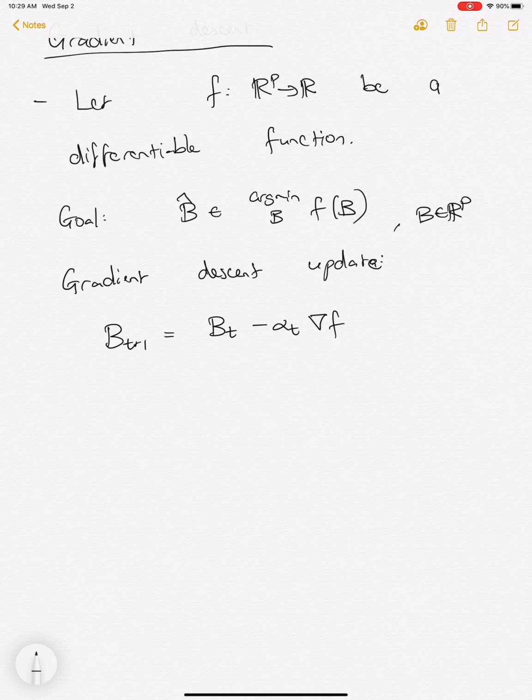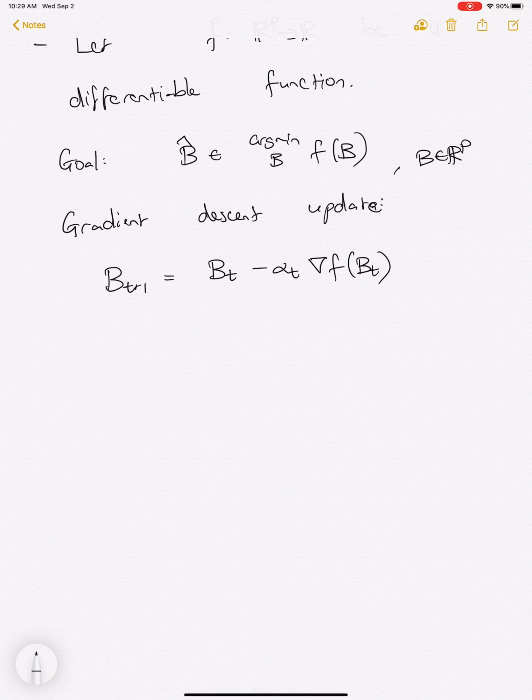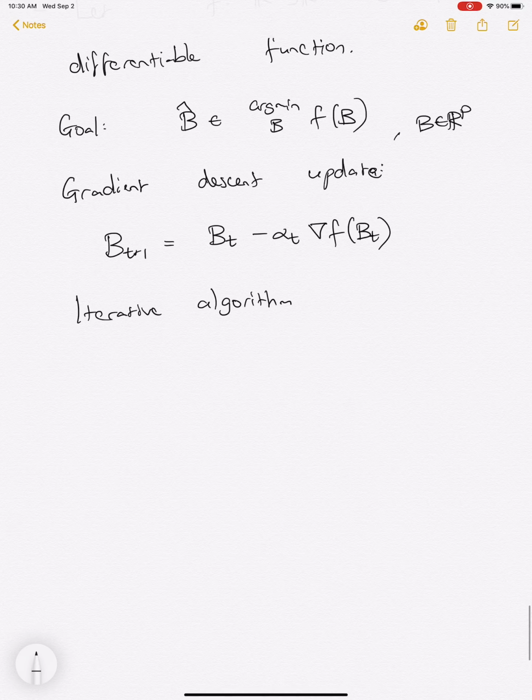This is the gradient, evaluated at B_t. It's an iterative algorithm, and it's so easy to implement because it's such a simple thing to work out. As long as you can calculate derivatives, which is probably the main challenging step.